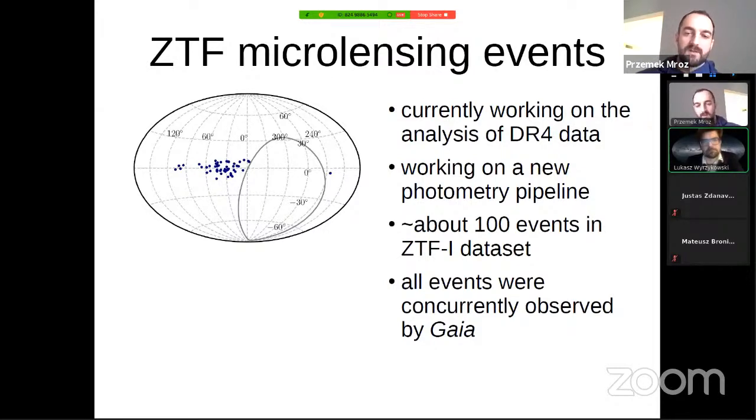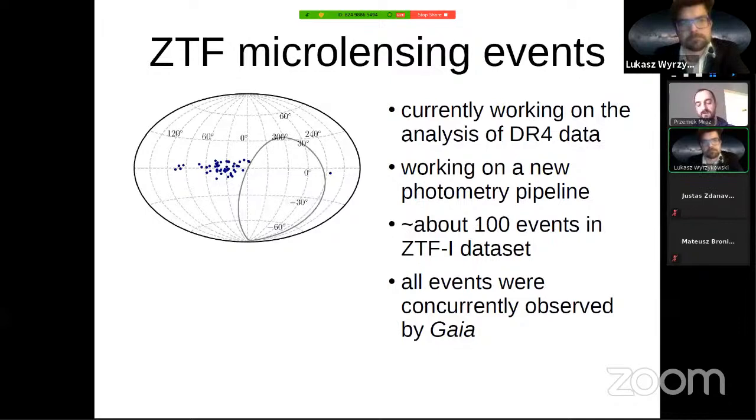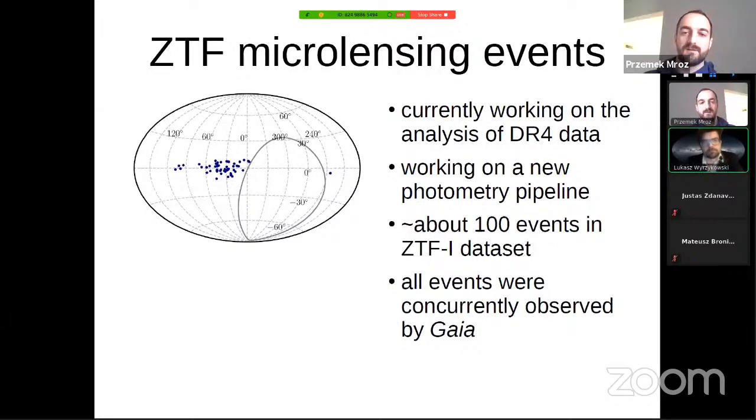What I want to point out is that all of the events detected by ZTF have very well sampled light curves with ZTF observations. They are sufficient to detect and characterize the events. But all of our events are concurrently observed by Gaia.